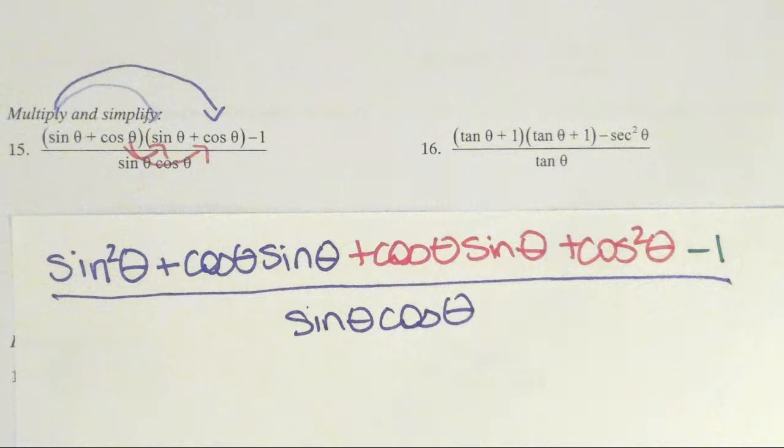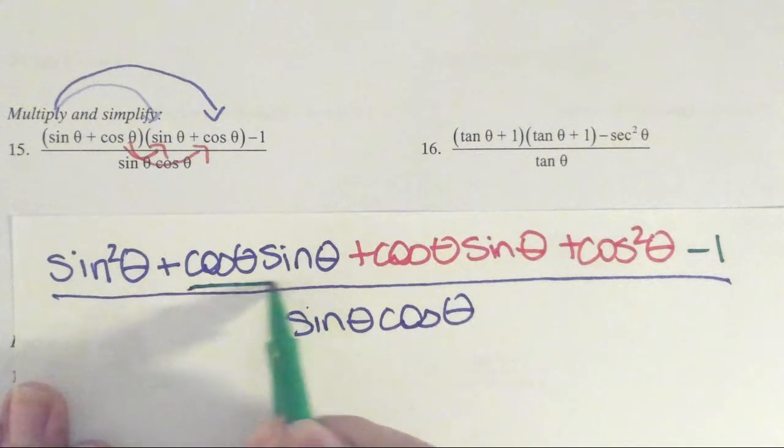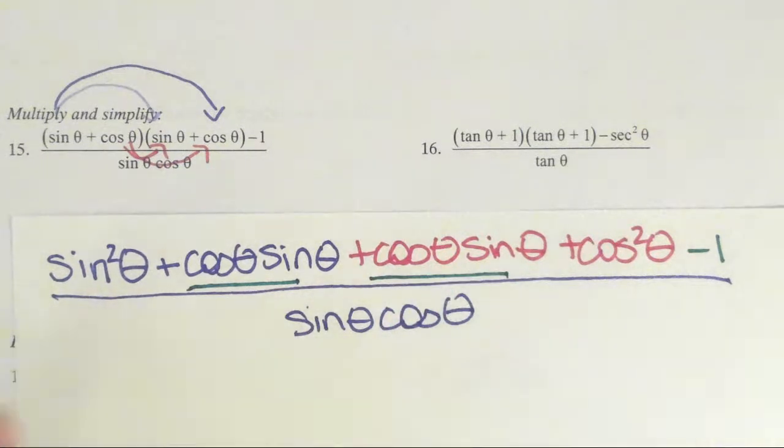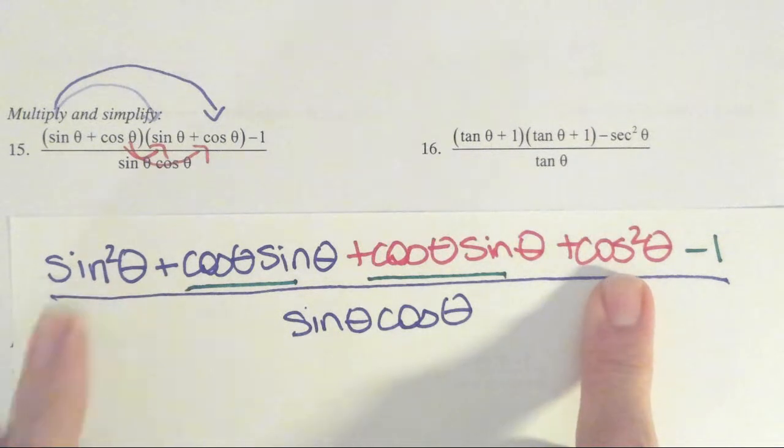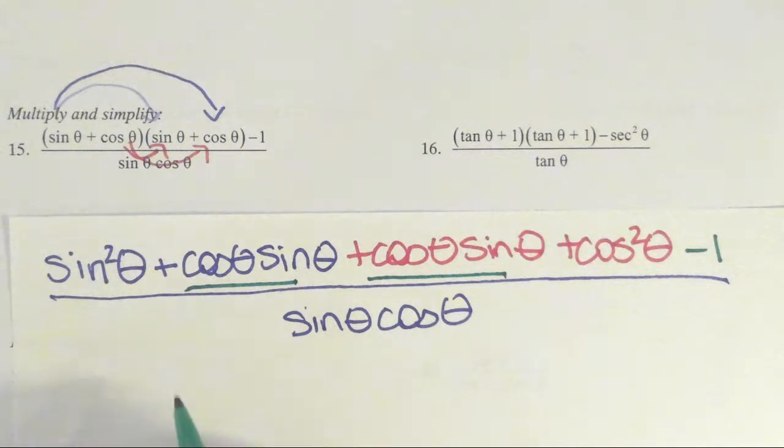Alright, so looking at the top, I'm going to see if anything cancels or if I can combine anything. I do notice that I have a cosine sine and another cosine sine, so I have two of them. I also see that I have a sine squared plus a cosine squared. So I'm going to rearrange these.